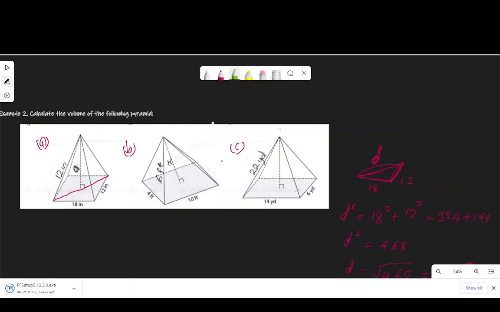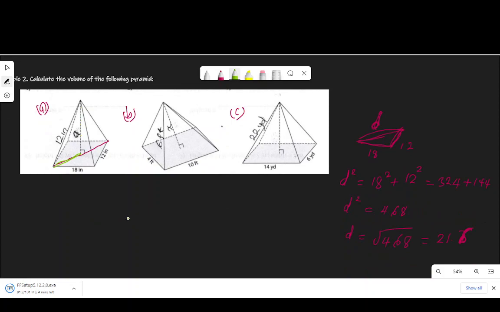With that, we can get the height of the pyramid. This triangle like this, with this dotted line down, and this slant height, we can use that to apply Pythagoras there to get the value of the height of this pyramid, which is A in this case.